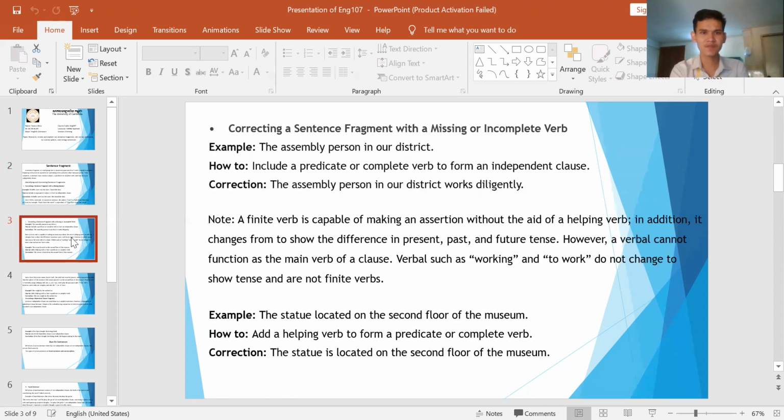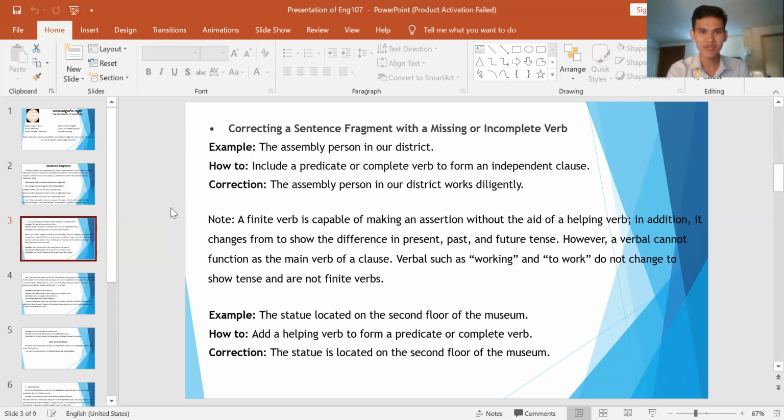Okay, next, correcting a sentence fragment with a missing or incomplete verb. If a sentence doesn't have a complete verb or a correct verb, you need to see and correct it. For example here, the assembly person in our district. It is like a phrase, not a sentence, because we don't have a verb.